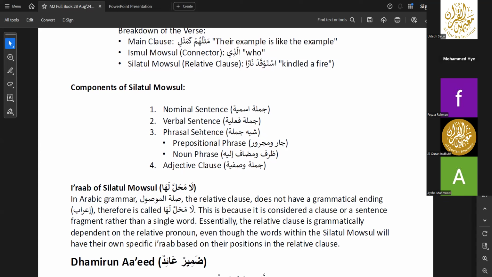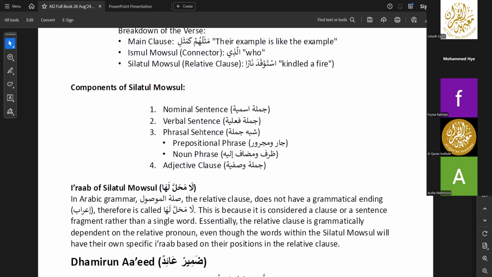Fi dinillahi. Which one is Shibu Jumla? Fi, jar majroor. Yes, that's right. So Shibu Jumla is broken down into jar majroor and dharf mudaf ilayh. So the first example Sister Fawzia gave is the jar majroor fi dinillah.